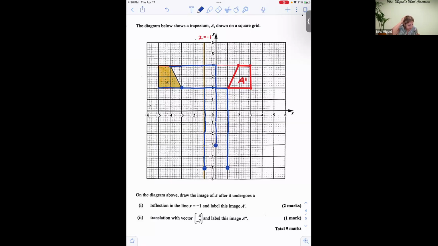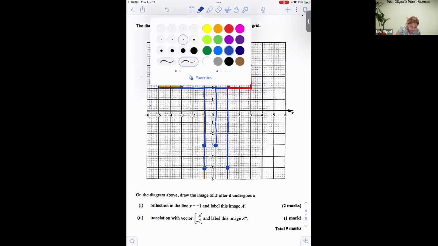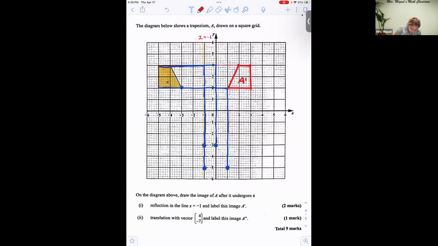Right? So that is my third point there. And then the last one, 1, 2, 3, 4. 1, 2, 3, 4, 5, 6, 7. So I will use red so that you can see it. And this is my new image. And I'm calling this A double prime.